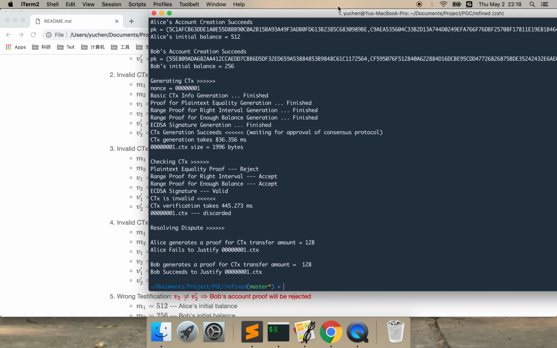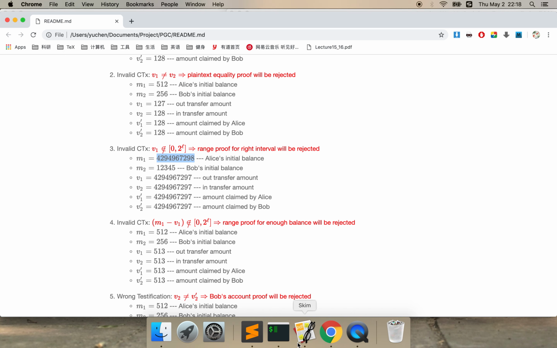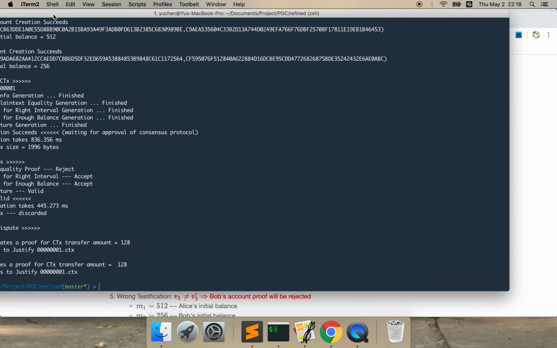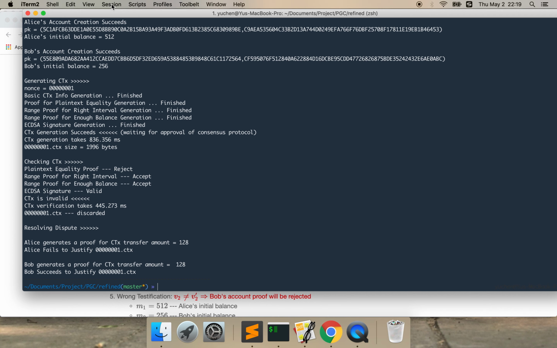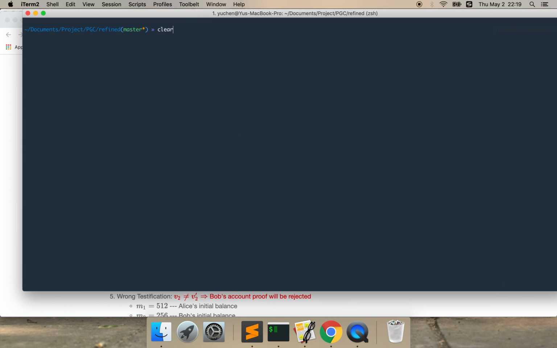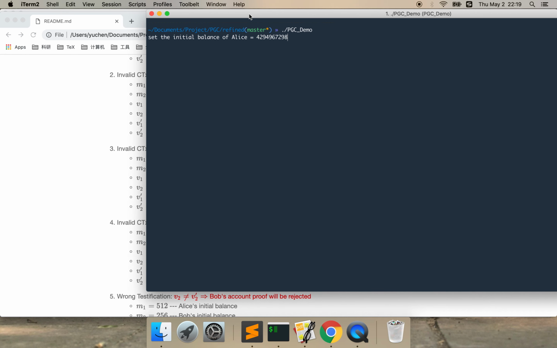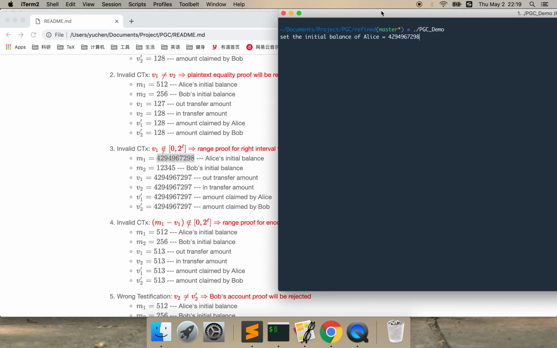Now Alice's initial balance is a very, very huge number, which is 2 to the 64 minus 2. The initial balance of Bob is 12345.